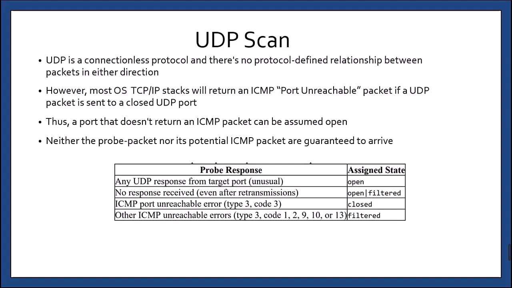Neither the probe packet nor its potential ICMP packet are guaranteed to arrive. Normally, if any response is received, the port is assigned the state of open. If no response is received, it is classified as open|filtered, and if we receive an ICMP port unreachable error type 3, code 3, it is classified as closed, and other ICMP unreachable errors are classified as filtered.